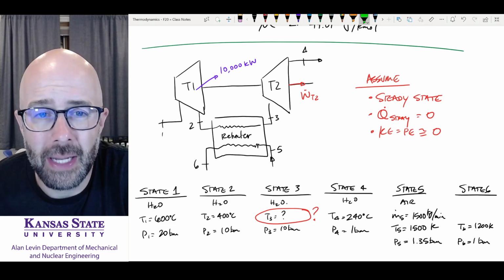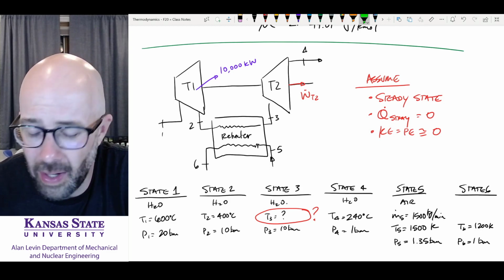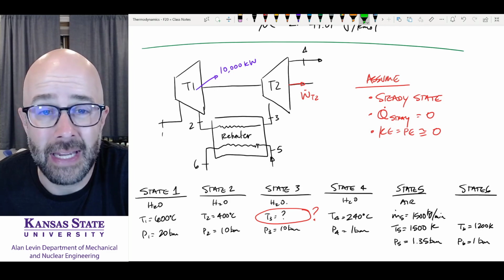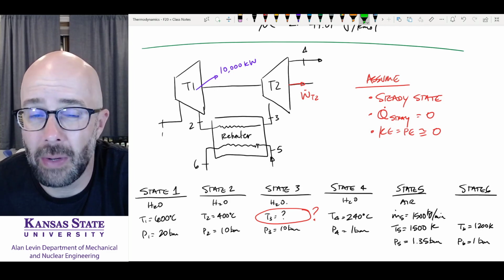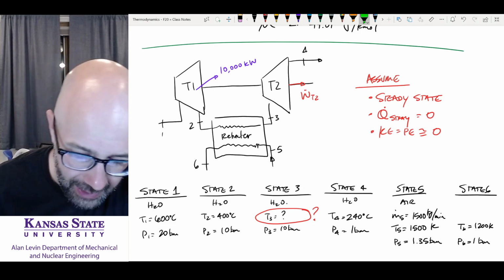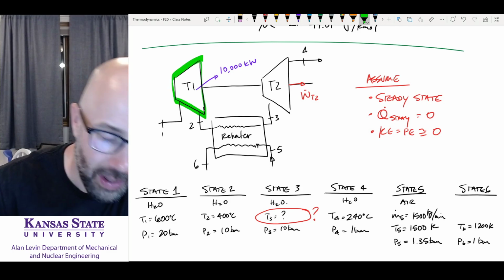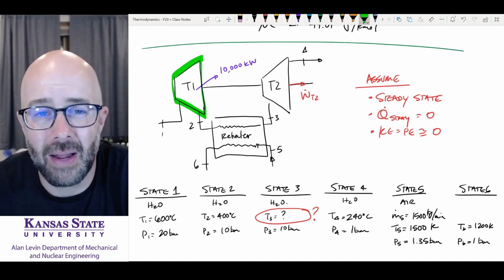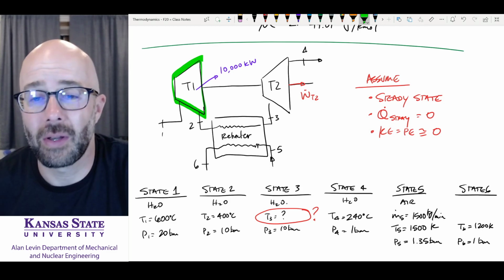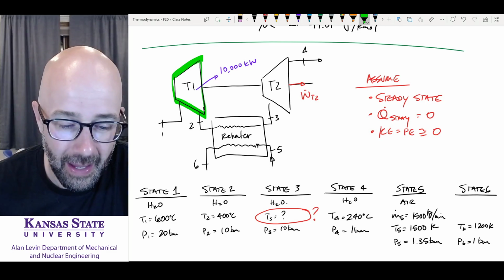Well, if we use the reheater as our control volume, we can't figure out the mass flow rate of the H2O, and we don't know what state 3 is, so we have two unknowns. We have to go all the way back to this first turbine, and with this first turbine, we know the power it's producing, and we know state 1 and state 2. The only unknown in that situation is the mass flow rate of the steam, so we can solve for that.